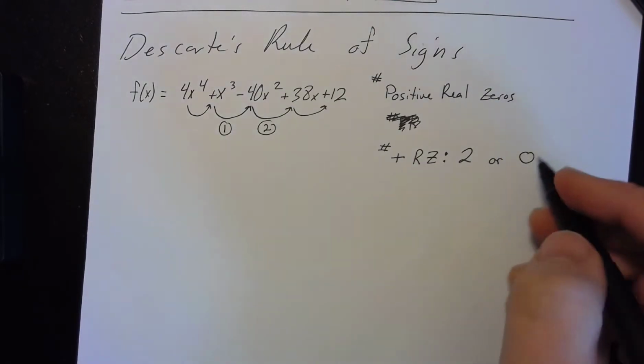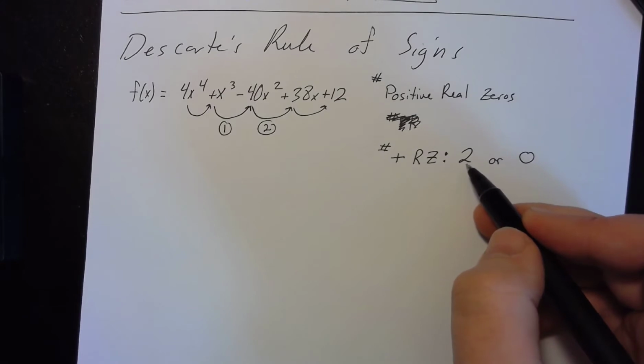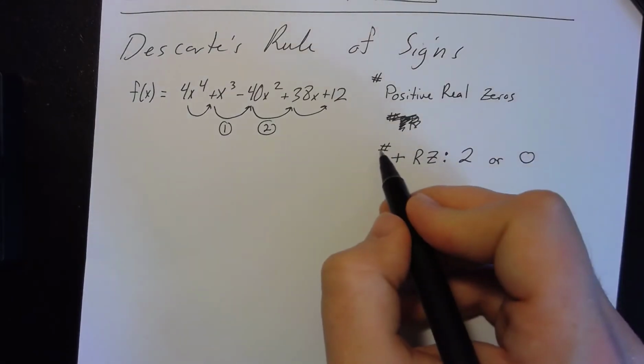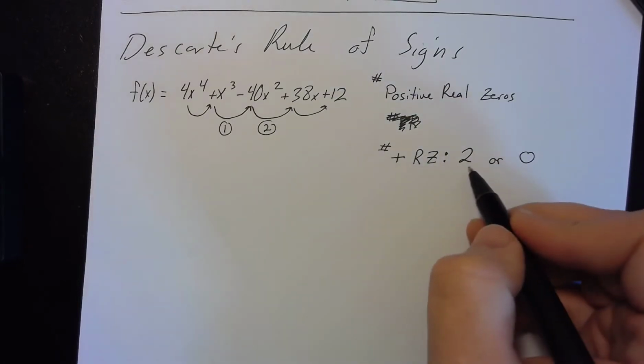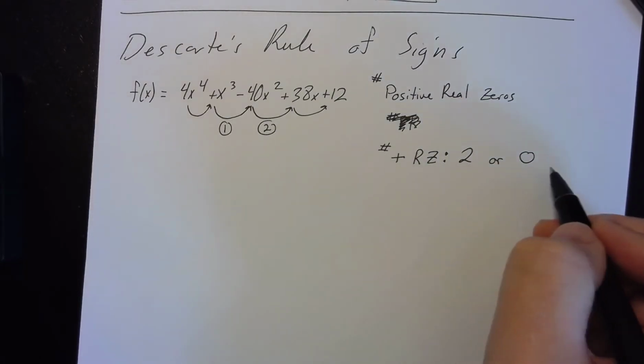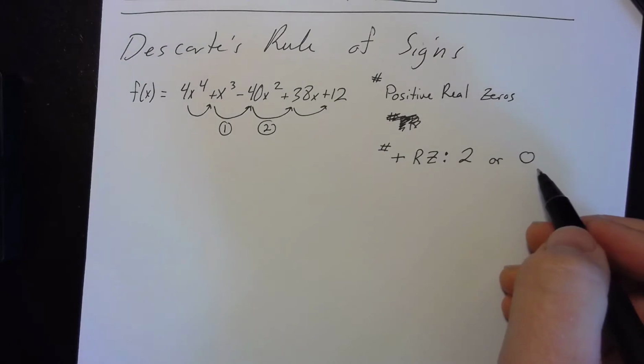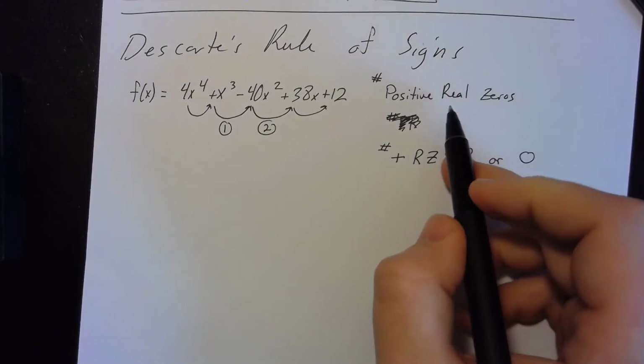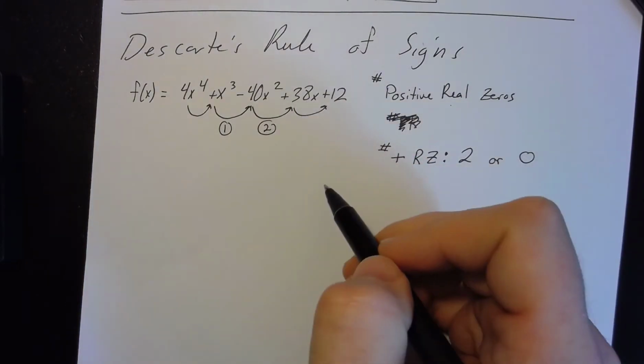Can I subtract any more even numbers from this? The answer is no, because the number of positive zeros is either going to be 2 of them or 0 of them, where 0 denotes none. We're not going to have a negative number of these things occurring. So, I have 2 or 0. This is the number of positive real zeros that this function should obtain.